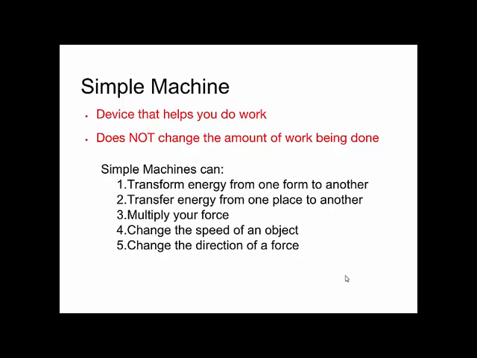What simple machines can do is transform your energy from one form to another, transfer that energy from one place to another, multiply the force you're exerting, change the speed of an object, change the direction of a force, can do lots of different things, but they do not allow you to do less work. If I need to move this binder this distance onto the desk, whether I use a simple machine or not, I'm doing the same amount of work.